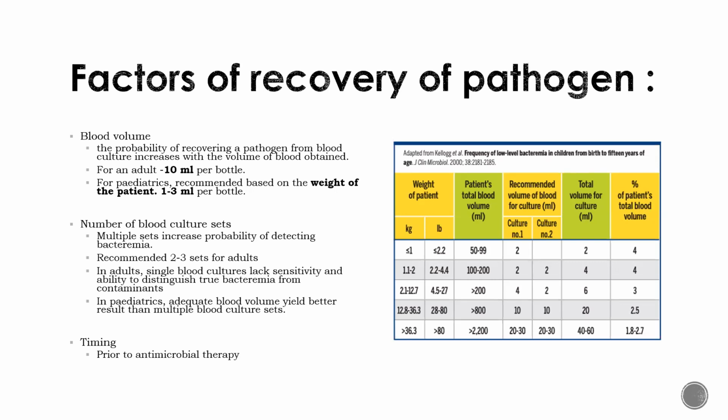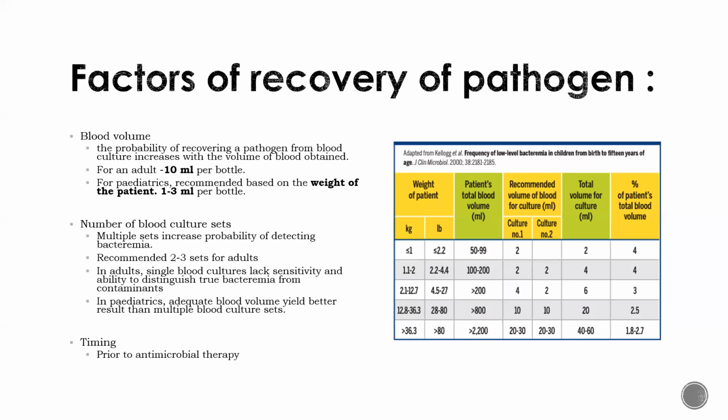And the last factor would be timing. Classically, they believed the most effective time to take blood culture is before the onset of fever. However, it is almost impossible for us to anticipate sepsis before the onset of fever.